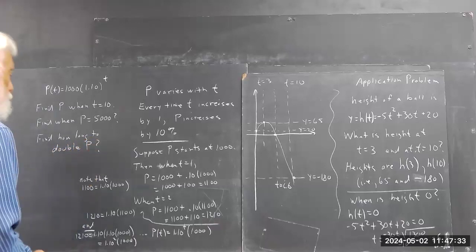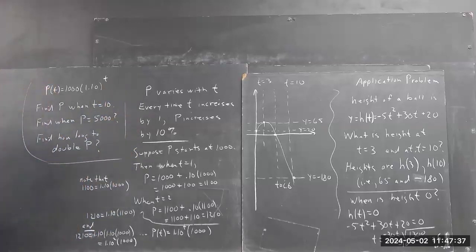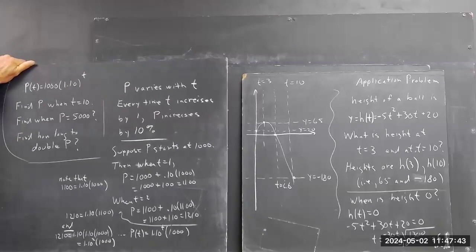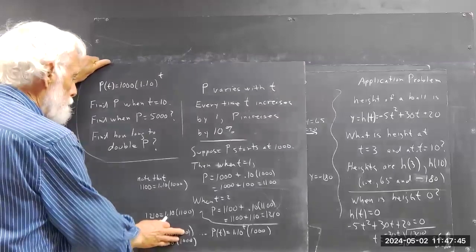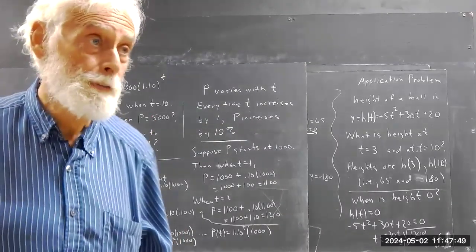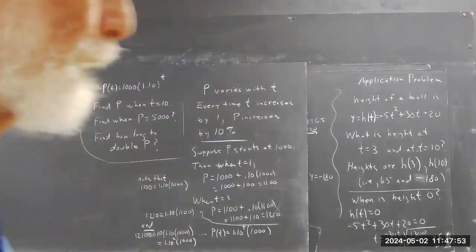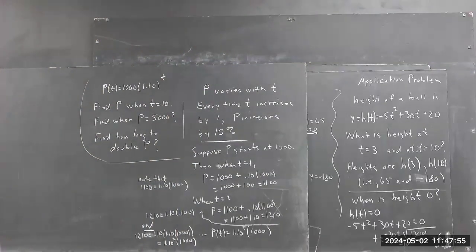Find how long it takes to double P. This causes us to review what we know about exponential functions and exponential equations. And these are things you need to know how to do when you get to the test. So let's see. Tell me.